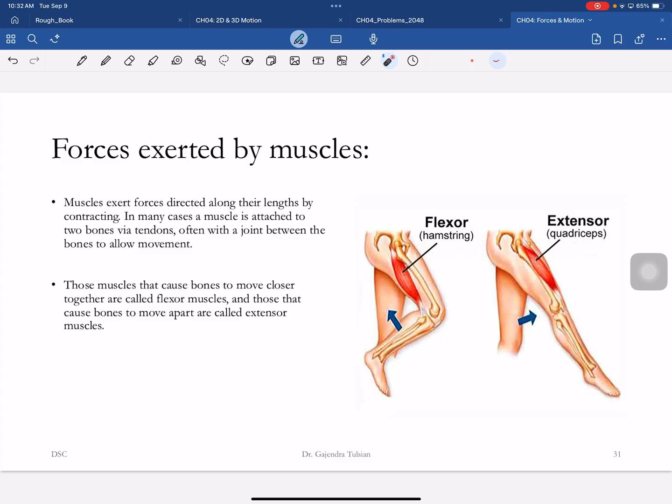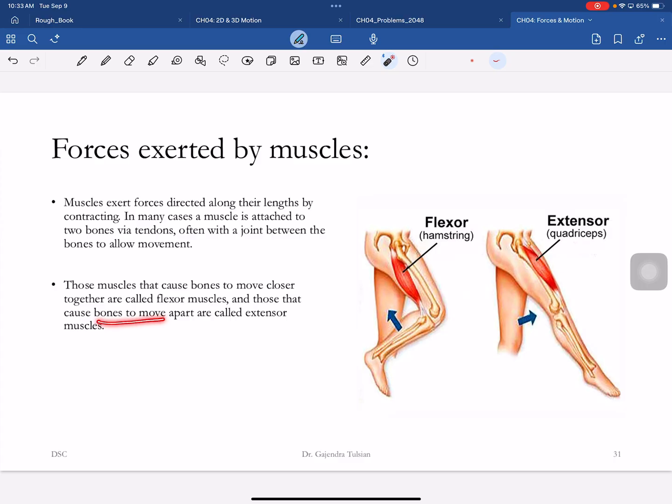So muscles exert forces directed along their lengths by contracting. That's all they can do. In many cases, a muscle is attached to two bones via tendons, often with a joint between the bones to allow movement. When muscles cause bones to move closer together, they're called flexor muscles.